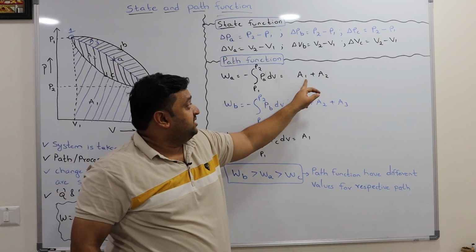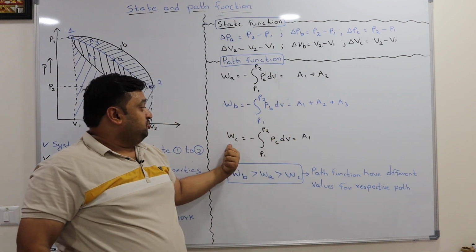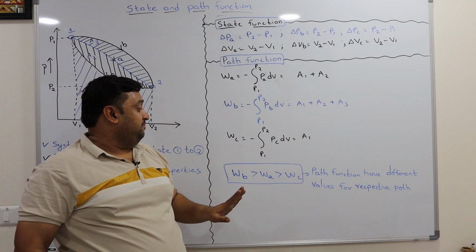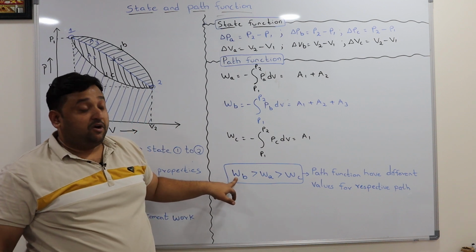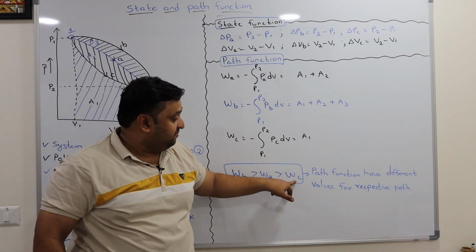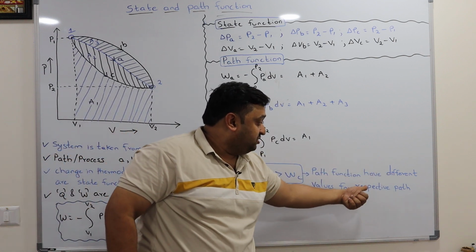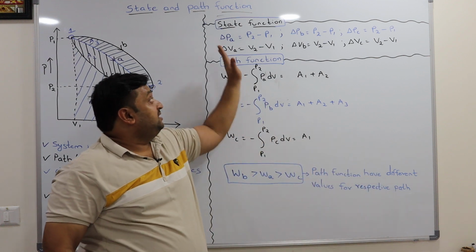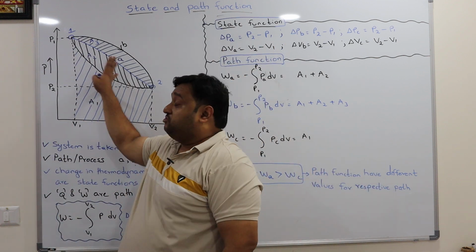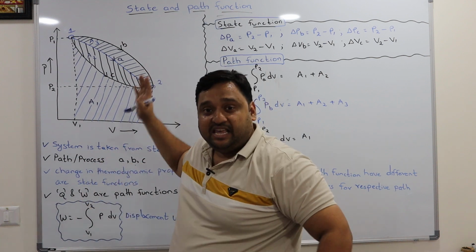For route A, it is A1 plus A2. Through route B, A1 plus A2 plus A3. Through route C, it is only A1. That means work through path B is greater than work through path A, which is greater than work through path C. Path functions have different values for respective paths, but state functions, irrespective of the path, have the same value.